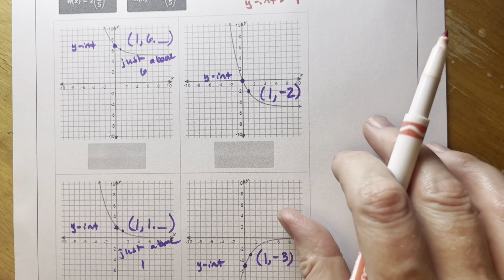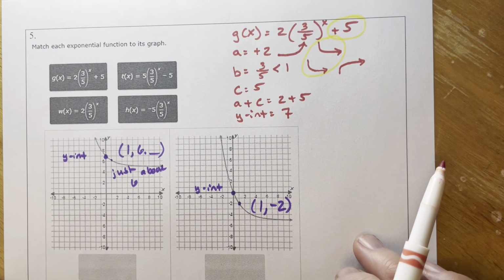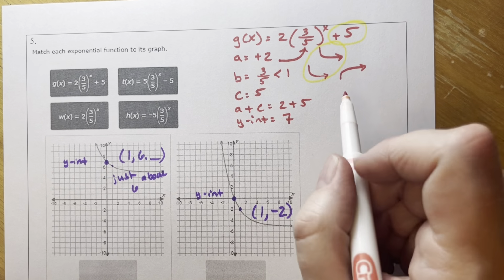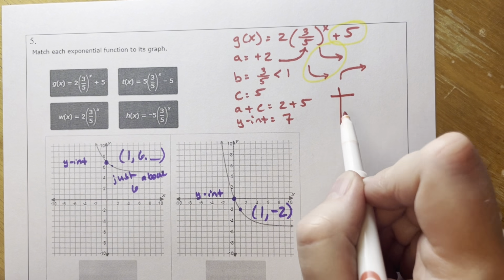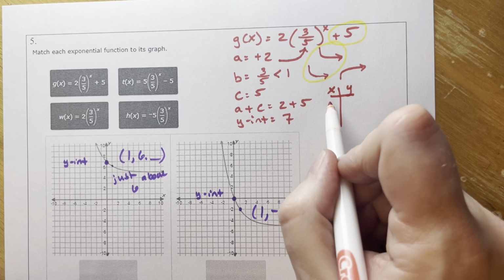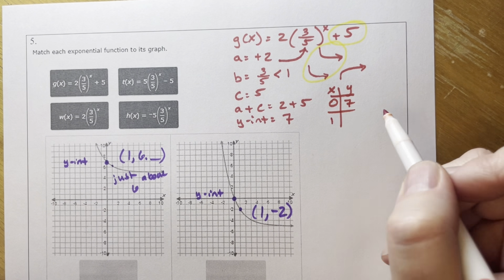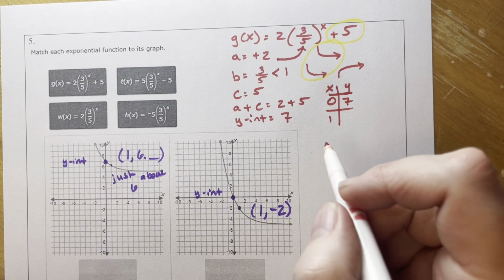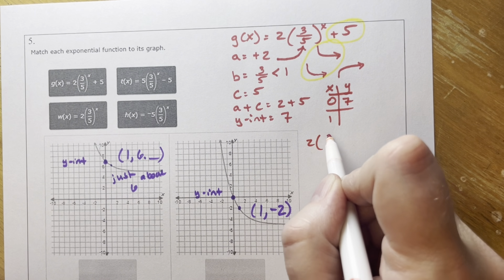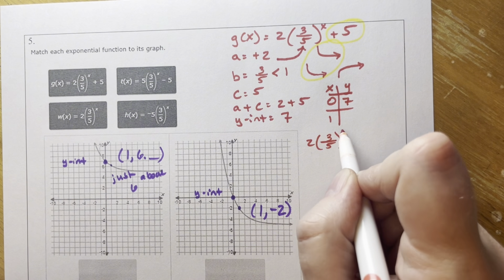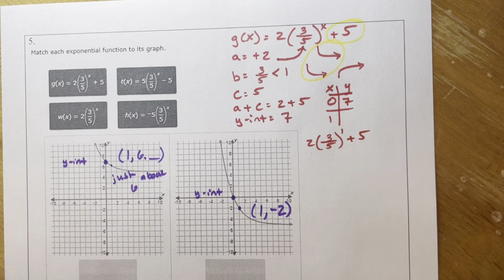Let's verify with a small table to find out what other things our numbers are doing. So x and y, we have x equaling 0 for our y-intercept at 1. Let's check this out. So 2 times 3/5 to the first power plus 5. Okay, order of operations.